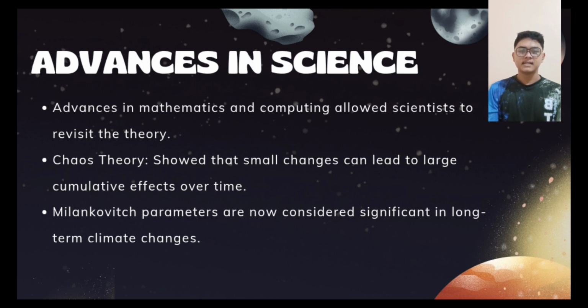Modern computing allows scientists to create detailed simulations of Earth's orbital mechanics and their effects on climate. Mathematical models could now account for complex interactions between eccentricity, axial tilt, and precession.